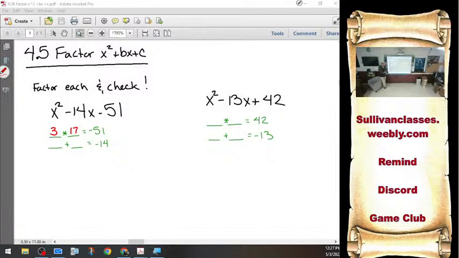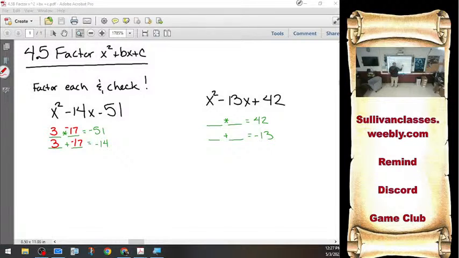Both make negative 51. If the 3 is negative, then it's just going to add up to 14 instead of negative 14. I want my negative number to be the bigger one, so it actually comes to a negative number when I add them.